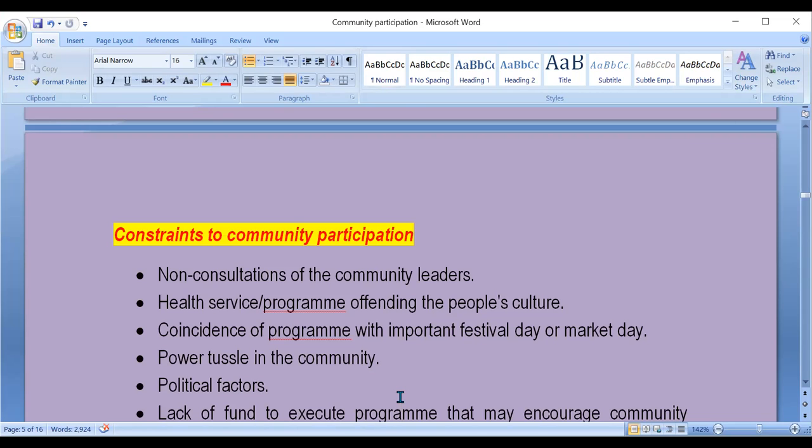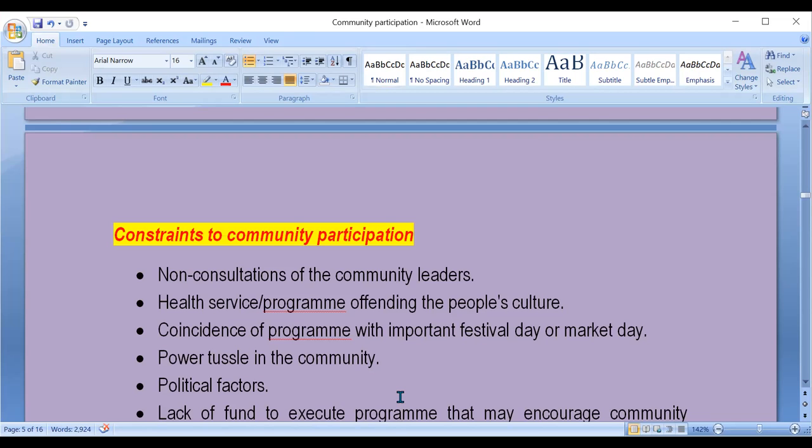But if you engage their king and their king talks to them, they will definitely listen to you and give you every support that you would need to ensure that that program comes to fruition.